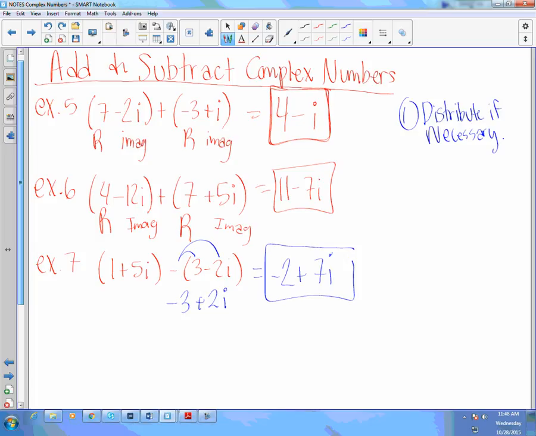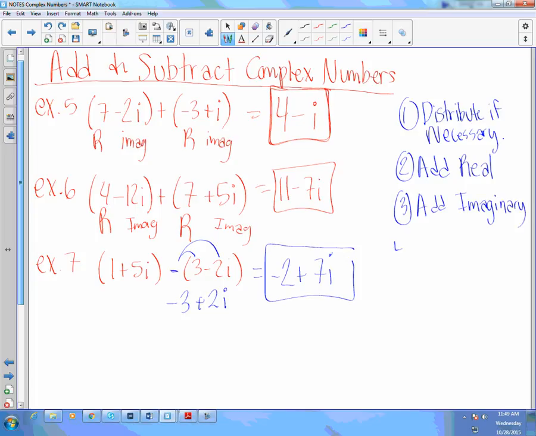But with subtraction, between the two complex numbers, it is necessary. Then step 2, we add what piece first? Add the reals. Then we add the non-reals, what they're called, imaginaries.